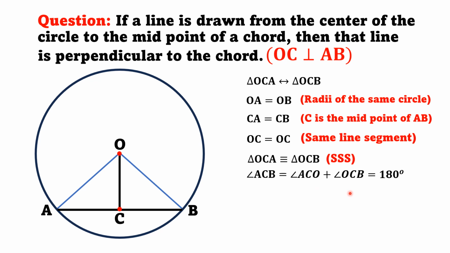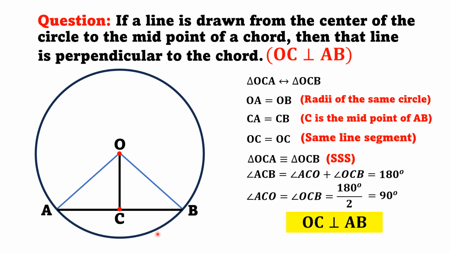Since these two angles must be equal, each will be equal to 180 degrees divided by 2, and that is equal to 90 degrees. So it means this angle is 90 degrees. Thus the line OC is perpendicular to line AB, and that is the answer.